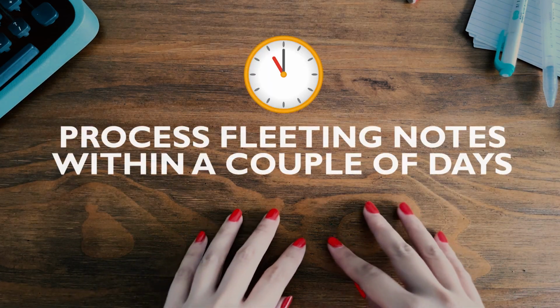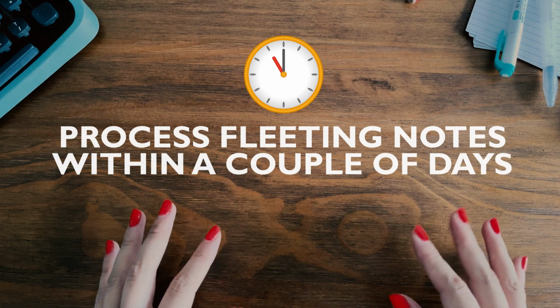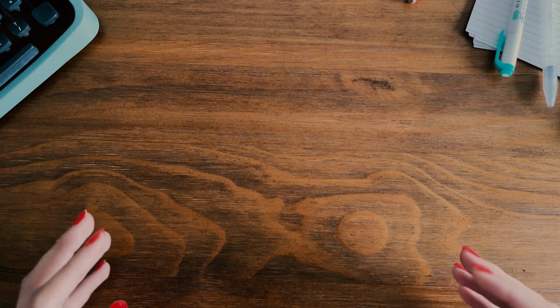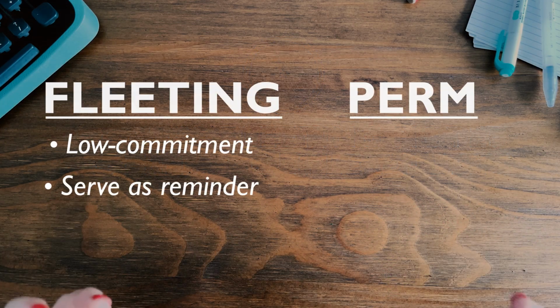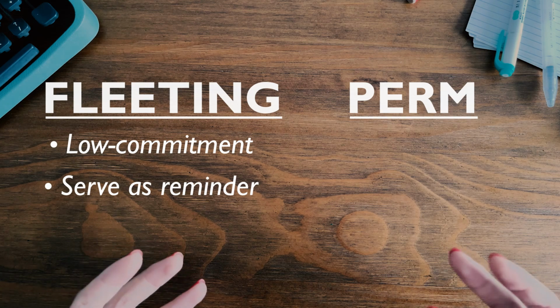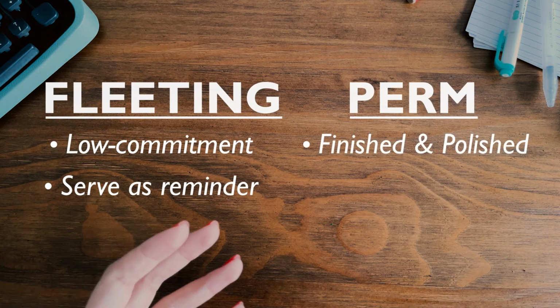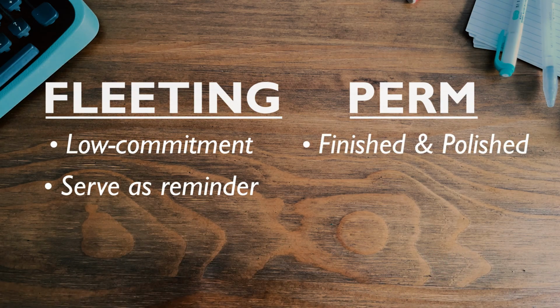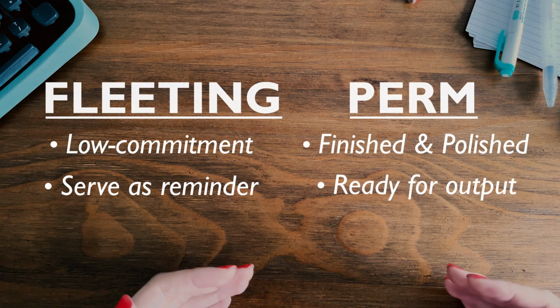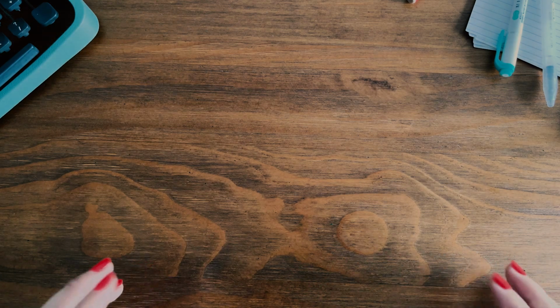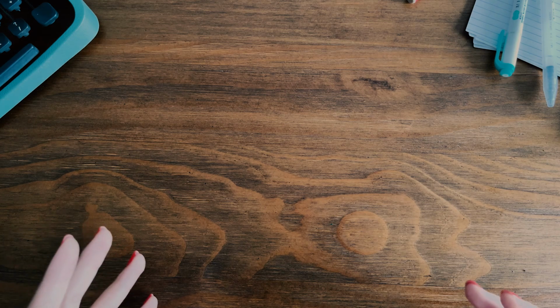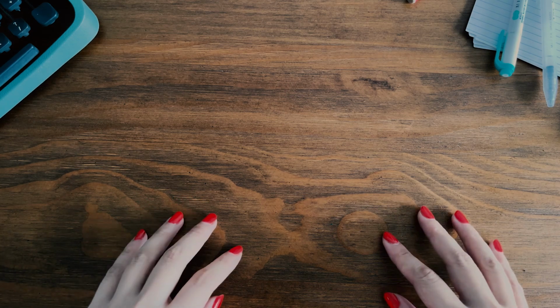The best practice is to process them within a couple of days while your memory is still fresh. Conversely, permanent notes are written with care. We should always strive for a level of polish and finish in our permanent notes so that they are ready for any output.